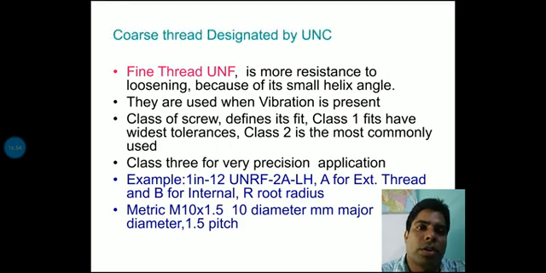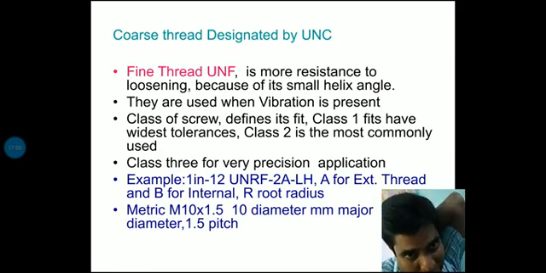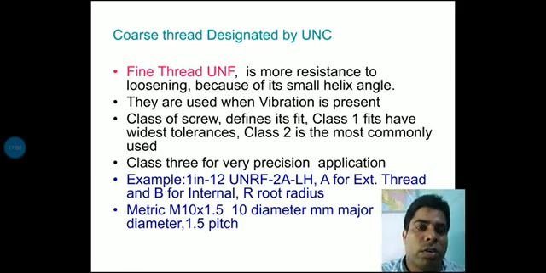And metric thread M20 into 1.5 means the pitch is 1.5. One clarification is required, because someone may ask you a question: if I write M10 into 1.5, what does this mean?